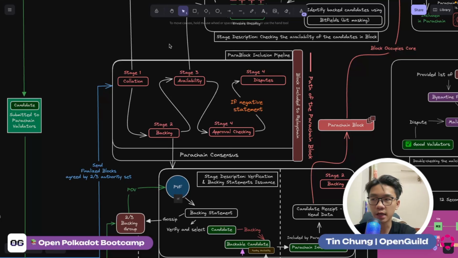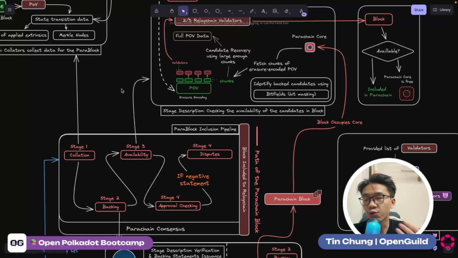In Polkadot, data availability is the availability layer. The availability layer of Polkadot is necessary for the validator to make sure that the data are available on the Parachain. When the relay chain validator receives this Parachain inherent or Parachain block, it must verify that these data are available on the Parachain.